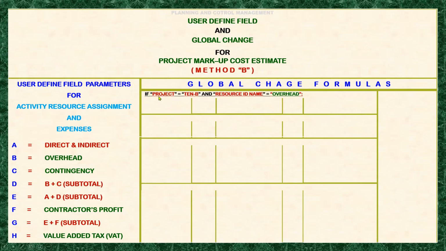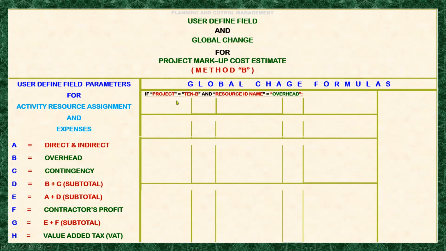If using the overhead calculation, we need to filter it to our current project, which is the tender B. The project is tender B and the resource ID name is overhead. So this is the filtering. That means it will be applied only onto this condition.